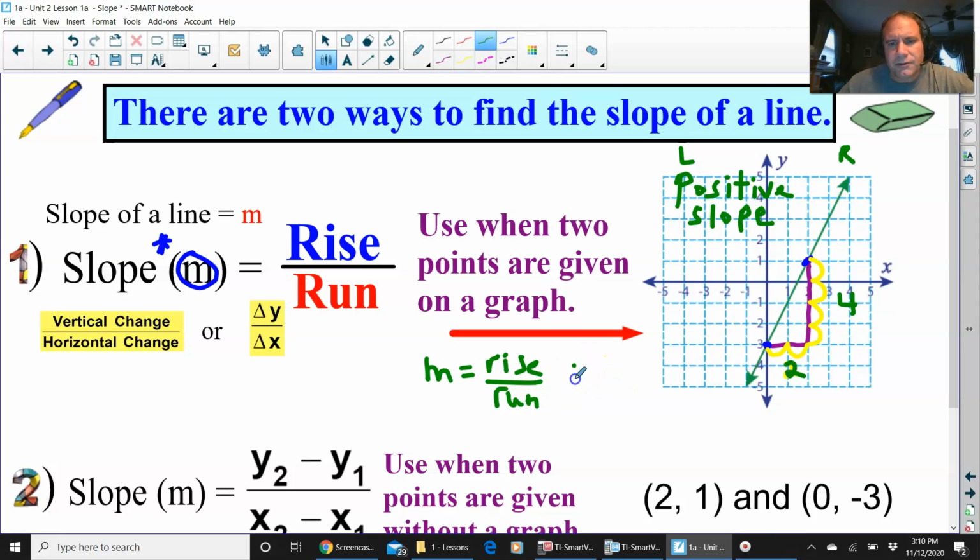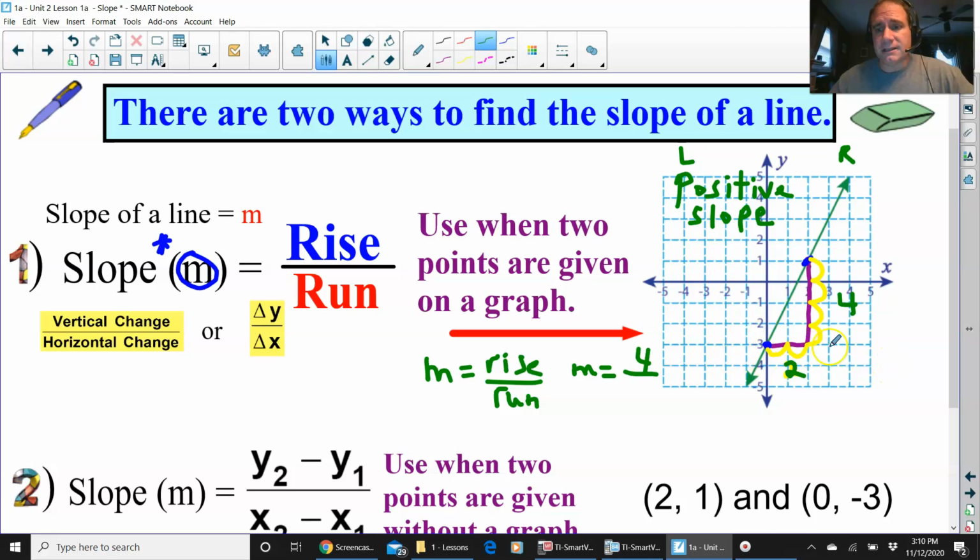All right, so we have the rise over run formula, and the rise is always the number that is going up or down. So that is the 4. I'm going to put the 4 on the top of my fraction. My run is always from left to right, always.